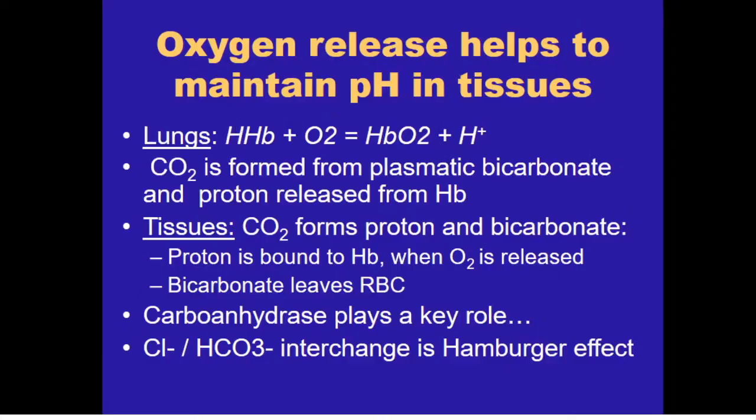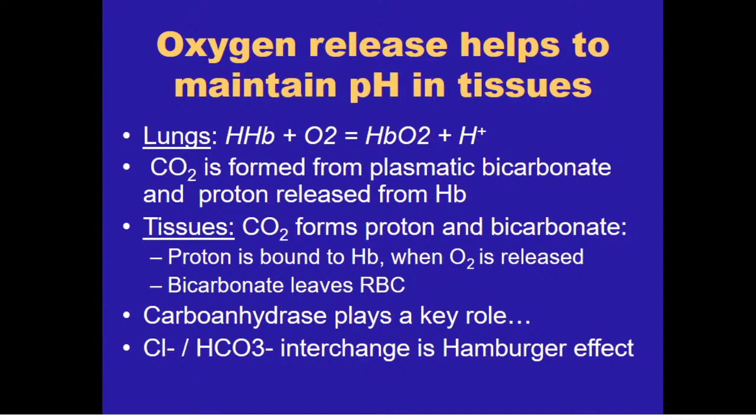It's necessary to note that oxygen released from hemoglobin helps to maintain pH in tissues. Look at the reaction between oxygen and hemoglobin in the lungs. It will lead to the formation of free hydrogen protons. So CO2 is formed from plasma bicarbonate and the proton released from hemoglobin.